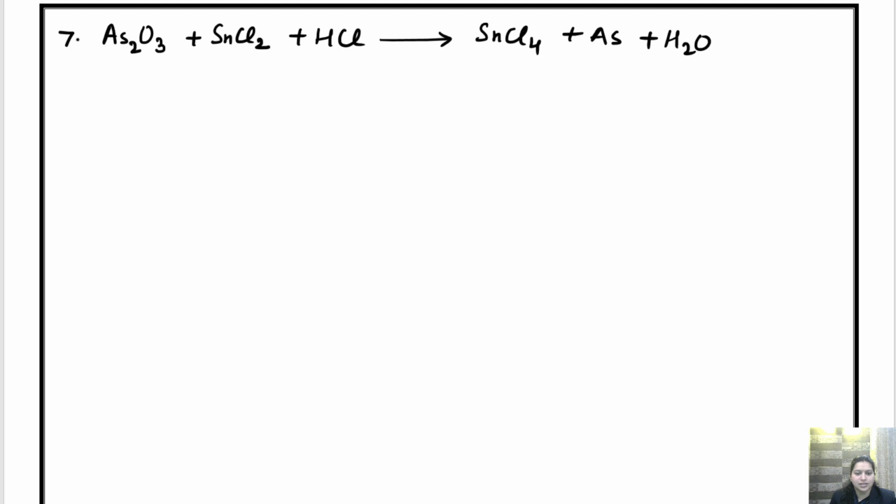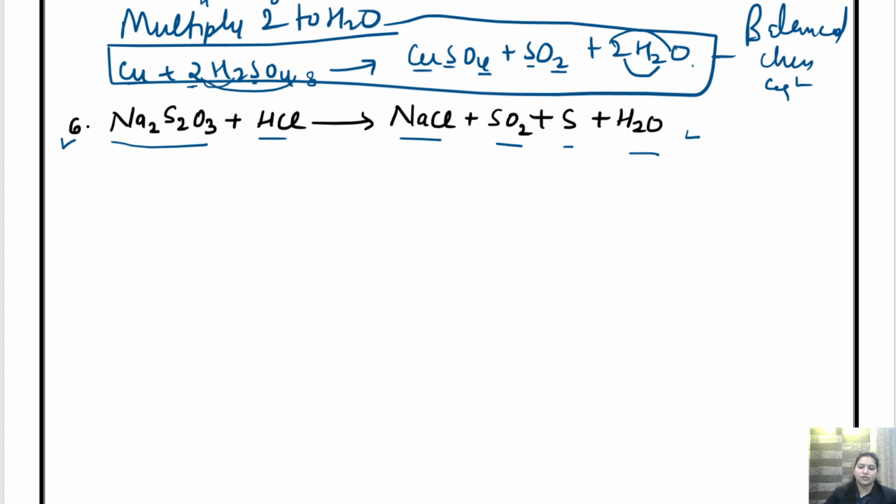As2O3 plus SnCl2 plus HCl gives SnCl4 plus As plus H2O. So these two are your homework. Okay? Try to do this. Write down in your rough notebook wherever you are solving it.